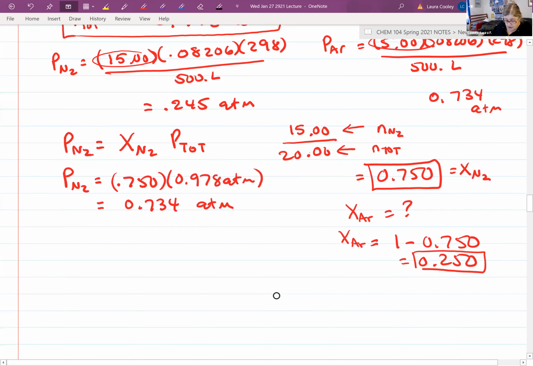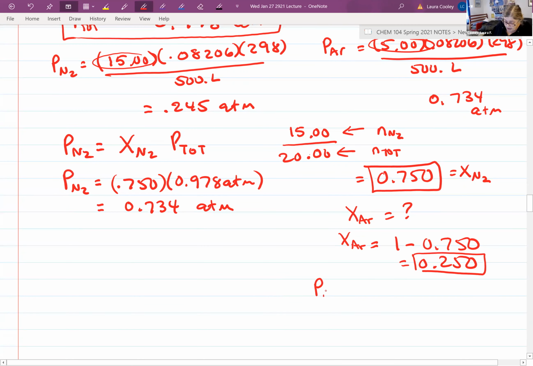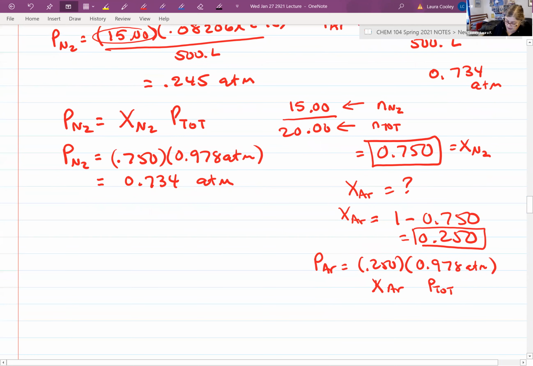So I could also do the same thing to get the P argon, right? I could take 0.25 times the total pressure, X argon times total pressure, and I would get 0.245. But after I did this calculation, I could actually calculate P argon a different way.